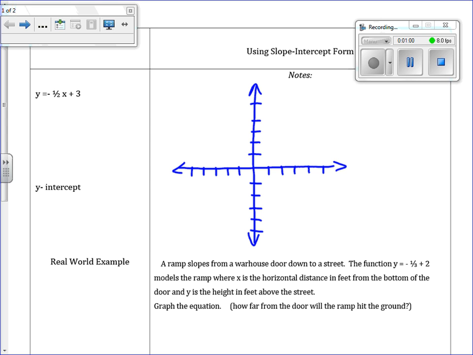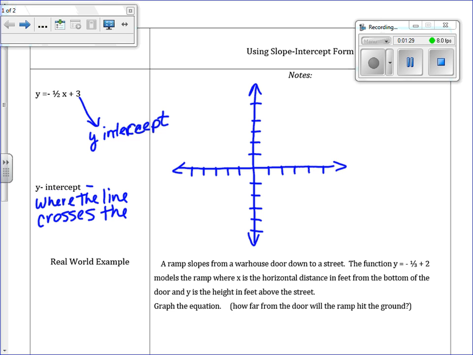So when I'm looking at this equation, I know automatically this is my y-intercept. My y-intercept is where the line crosses the y-axis.